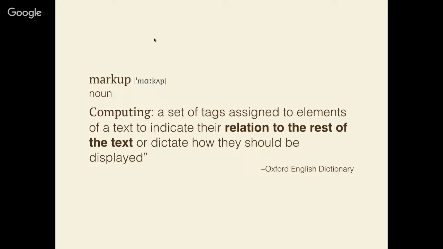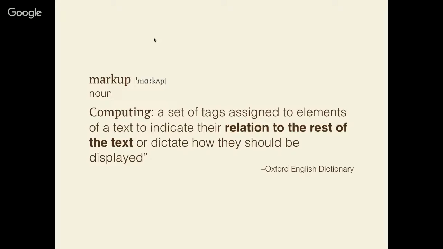That is the definition of the Oxford English Dictionary, anyway. Markup derives from the letterpress days, where authors would put little annotations next to the text to indicate paragraphs, breaks, titles, all that sort of stuff. So basically indicate what sort of style they should be in. And in computing we sort of carry that over, I guess.